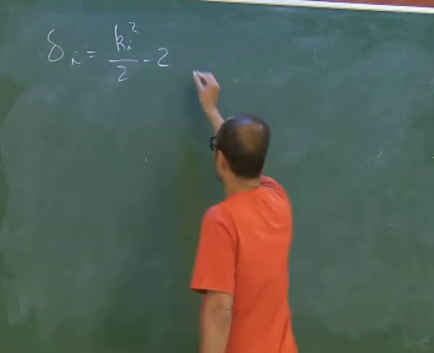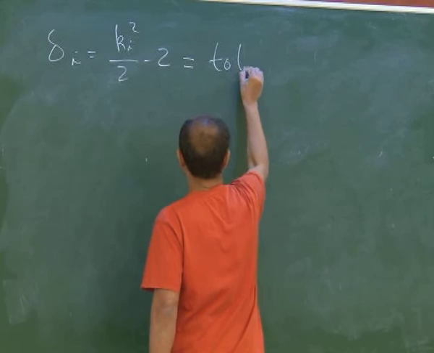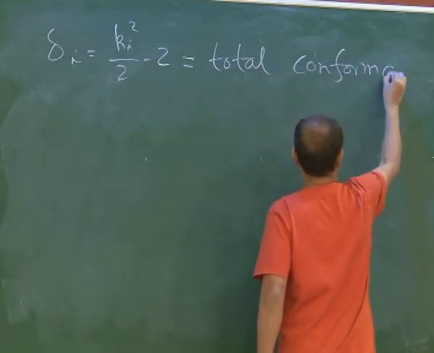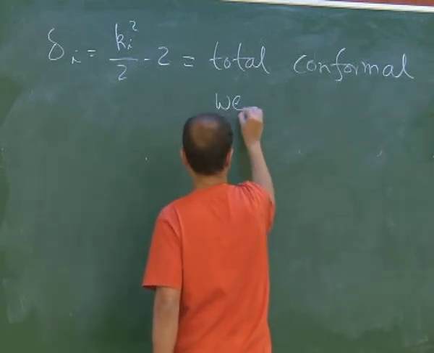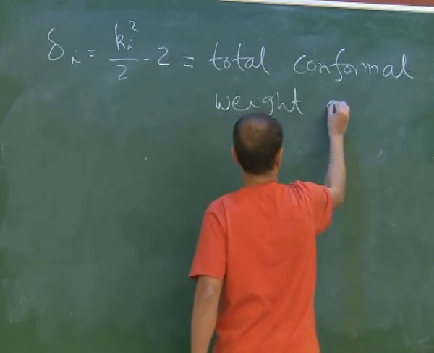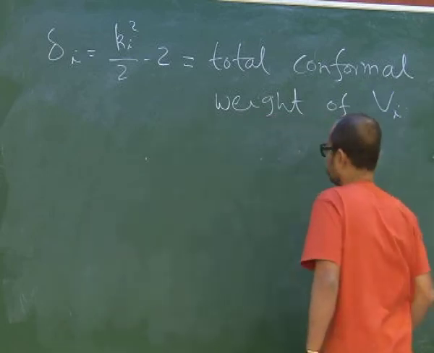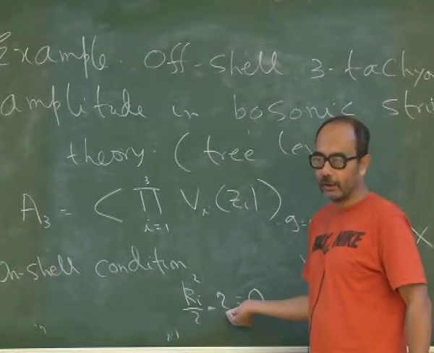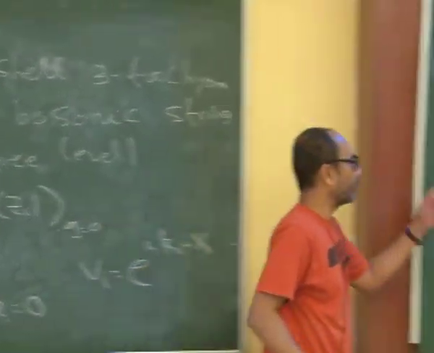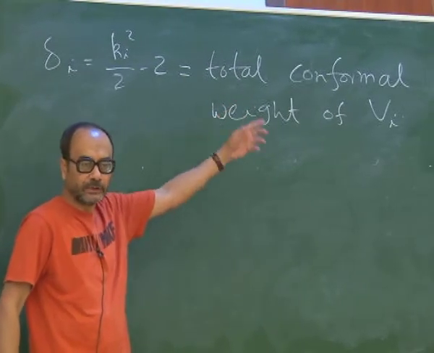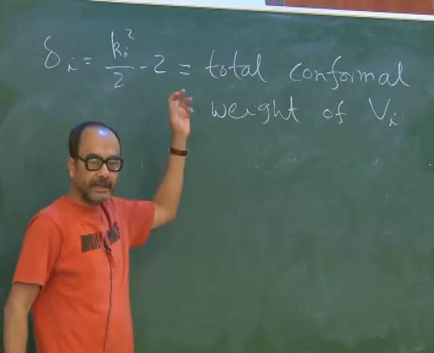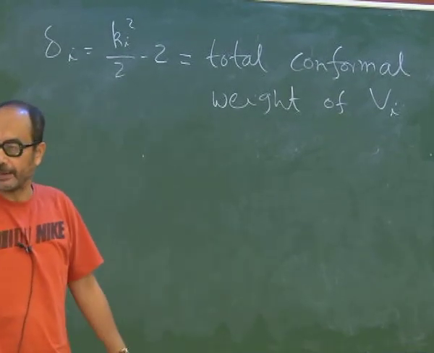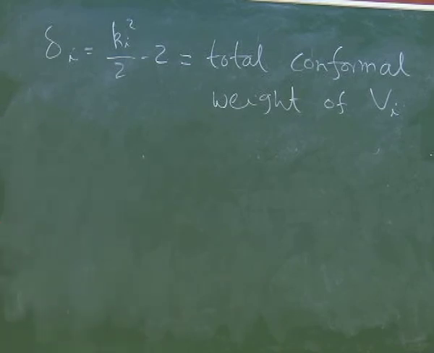And this, in fact, you can show is the total conformal weight of V_i. So it's clear from here that the on-shell condition is equivalent to demanding that each vertex operator is conformally invariant, because when the on-shell condition is satisfied, delta_i is 0 and everything is conformally invariant. So that's when we expect the Polyakov prescription to be free from any ambiguity.